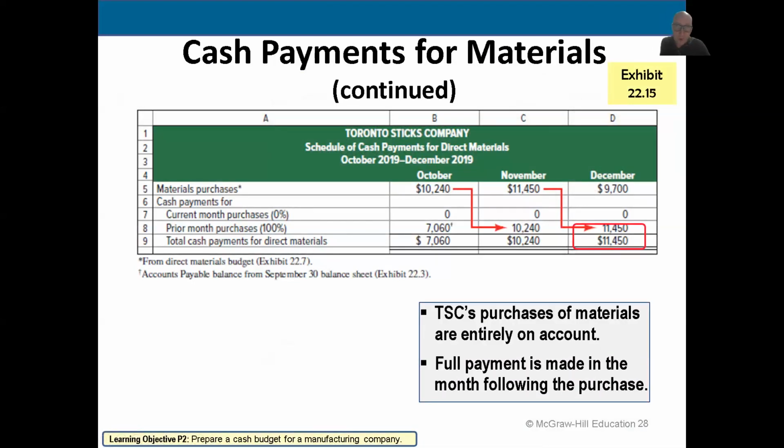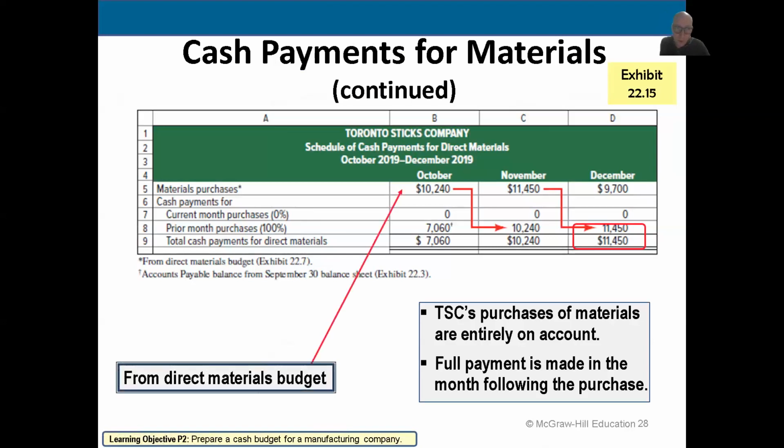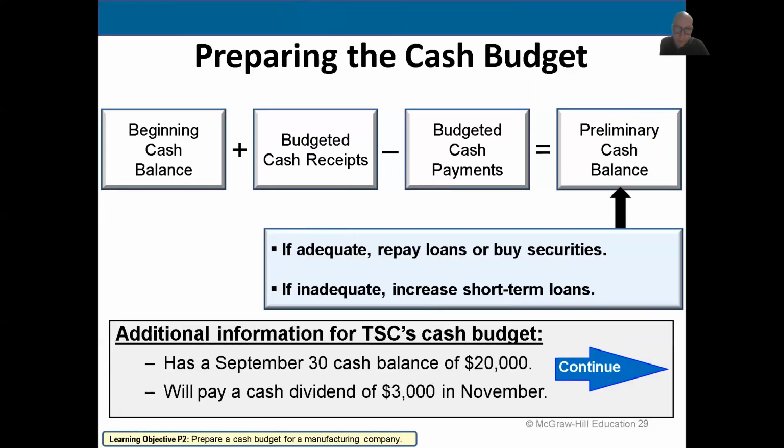Materials purchases, etc. So using the basic formula, beginning cash balance plus the amount of cash we expect to receive from our customers minus the amount of cash we expect to pay for our operating expenses equals our preliminary cash budget. If it's good, we can repay loans and buy securities. If it's not good, we need to do some short-term borrowing.